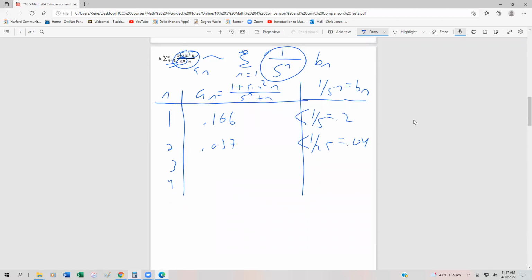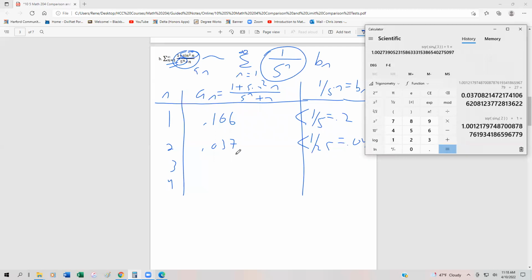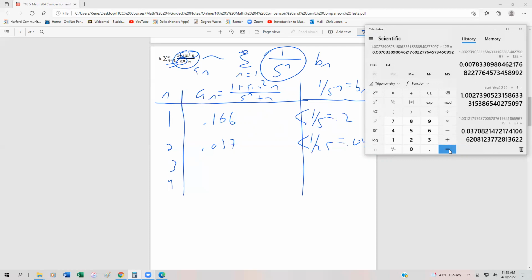We might want to try one more just to be certain. We're going to have 3, take the sine of 3, square it, and then add 1. Then 5 cubed is 125, and 125 plus 3 is 128, so we divide this by 128, and that gives us 0.0078.